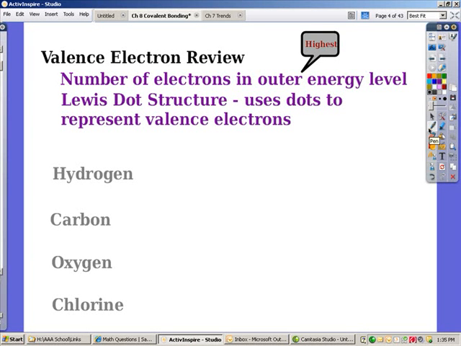Okay, how'd you do? Here's my drawing for hydrogen. Just has one dot. Again, where the dot's placed isn't as big of an importance as how many dots. One dot to represent its one valence electron. Carbon has 4 valence electrons. Oxygen has 6.